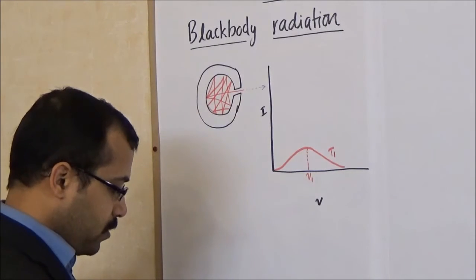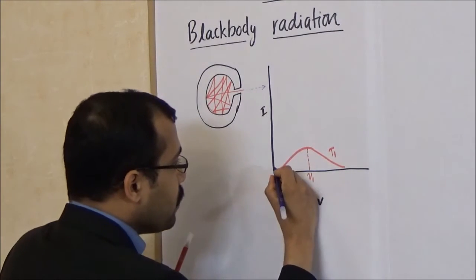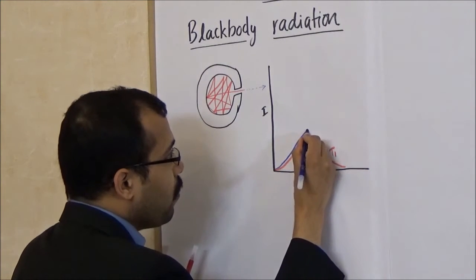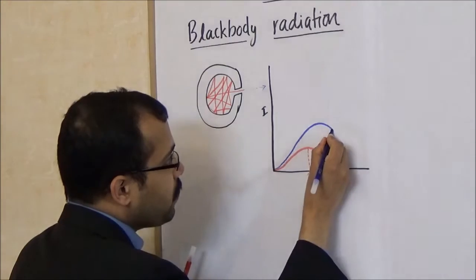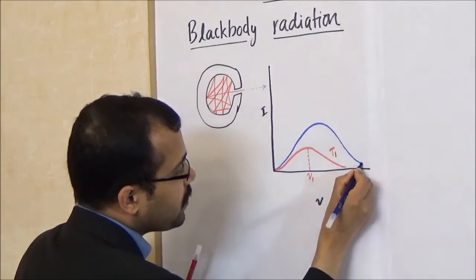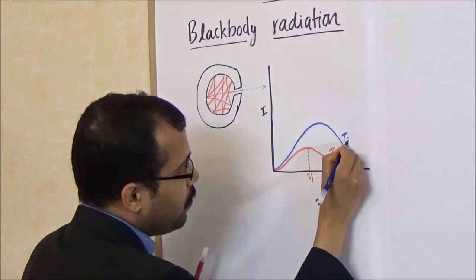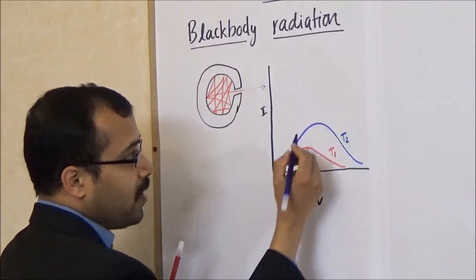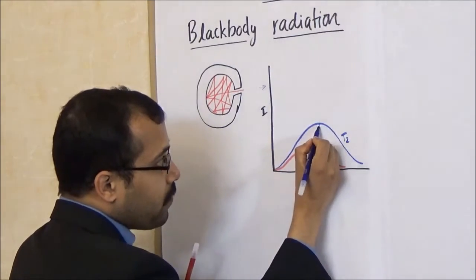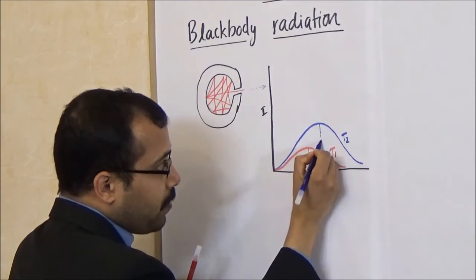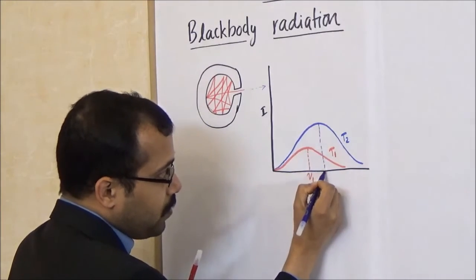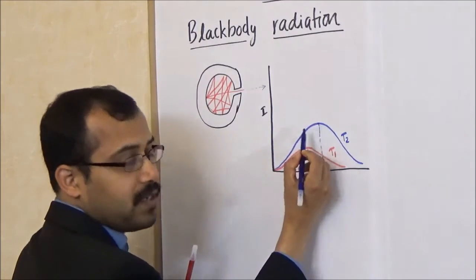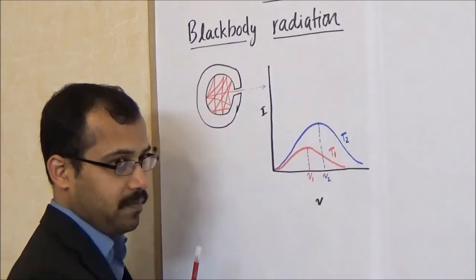Now, this is the plot of intensity versus frequency for another temperature T2, where T2 is greater than T1. And this is the frequency nu2, which corresponds to the maximum intensity.